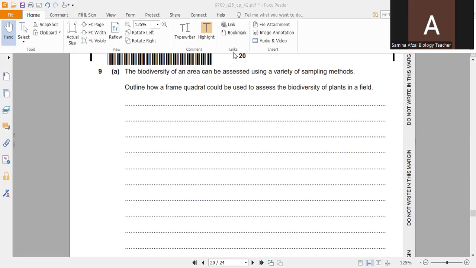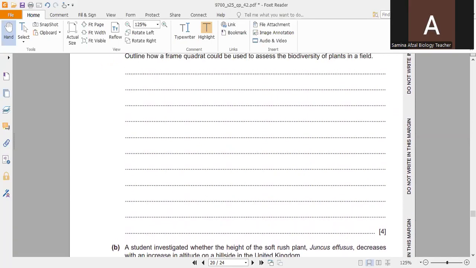Outline how a frame quadrat could be used to assess the biodiversity of the plants in a field. In this question we have to write down the different points by which we can make use of a frame quadrat to assess the biodiversity of the plants in a field.